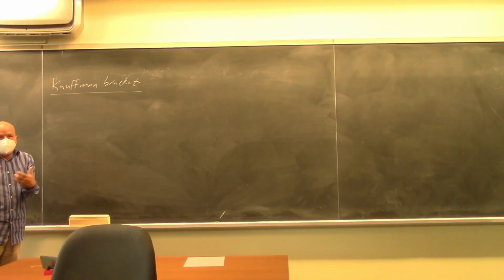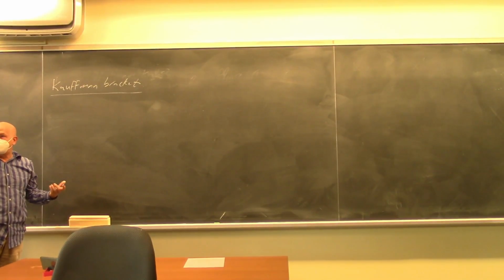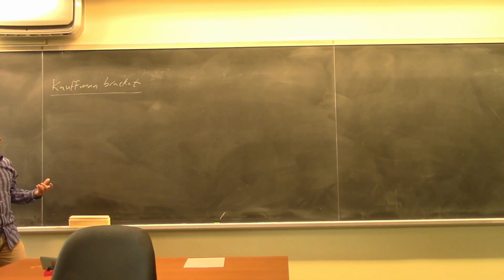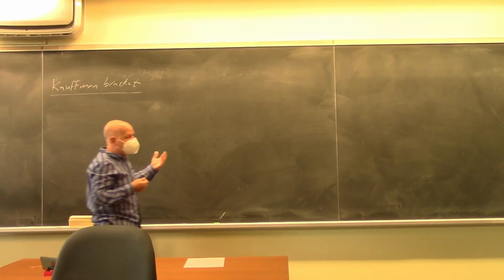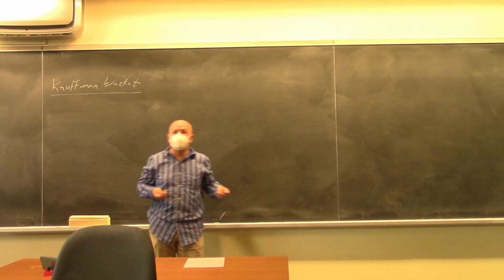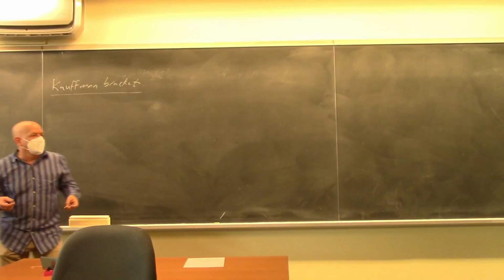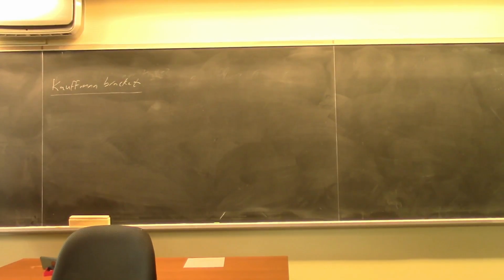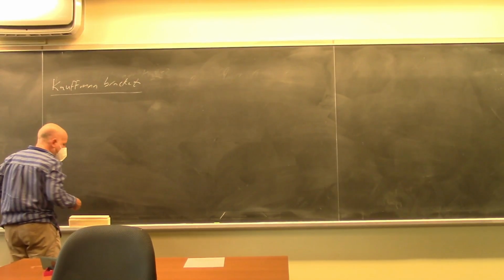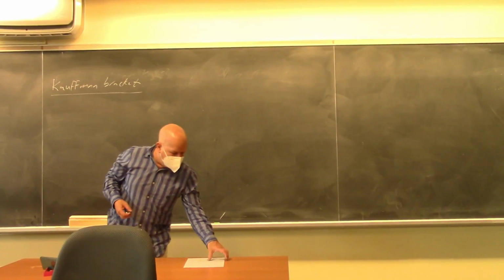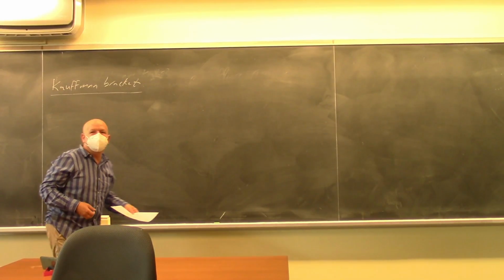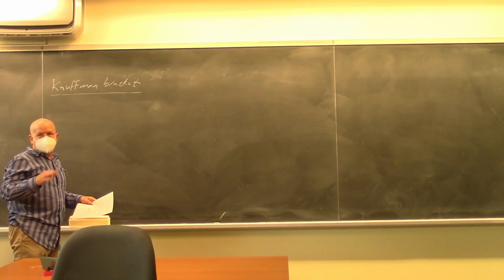And hence, it was only discovered in the 1980s, even though people were studying knots for at least 100 years before that. So, what's the definition? Well, I'll lie a little bit, but you'll see.